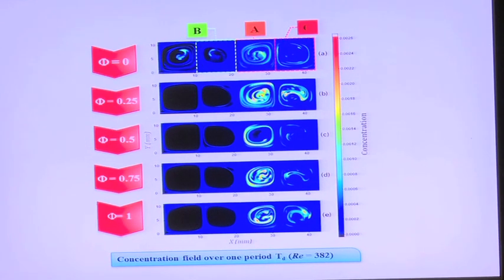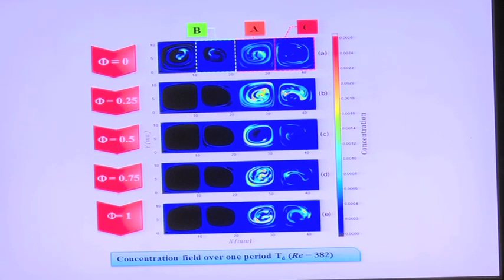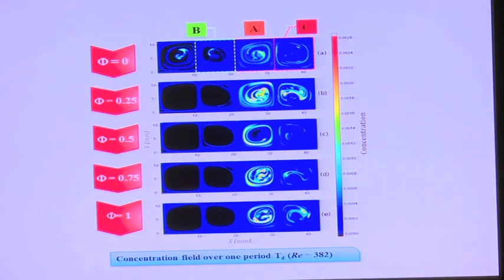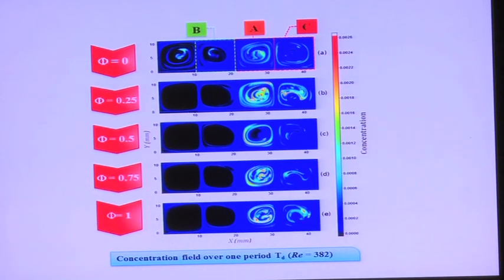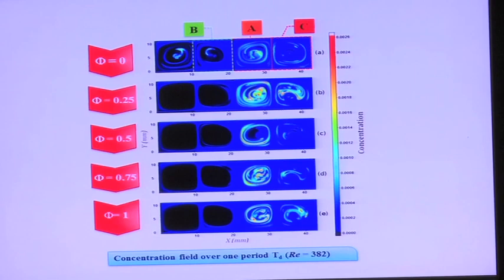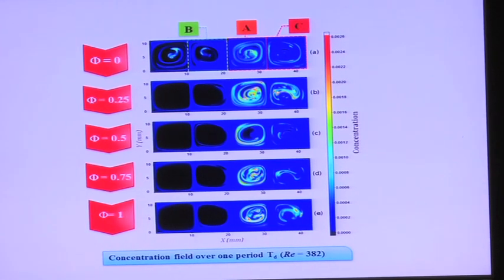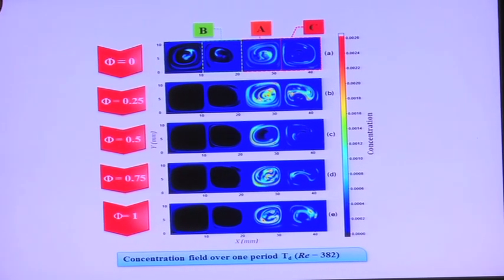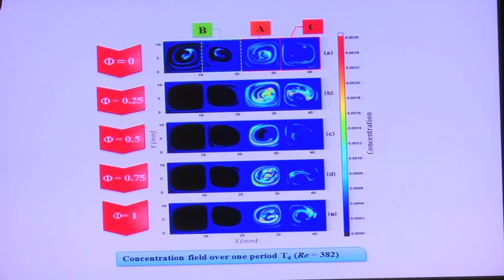What is the enhancement by the presence of a solid particle in suspension? And we again needed a new technique because we had to match the refractive index and the density. So that was a very complex experiment, but we obtained some interesting results.